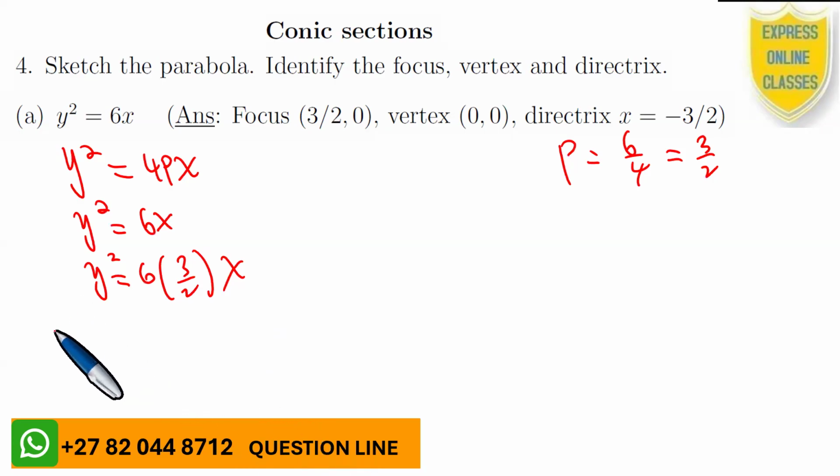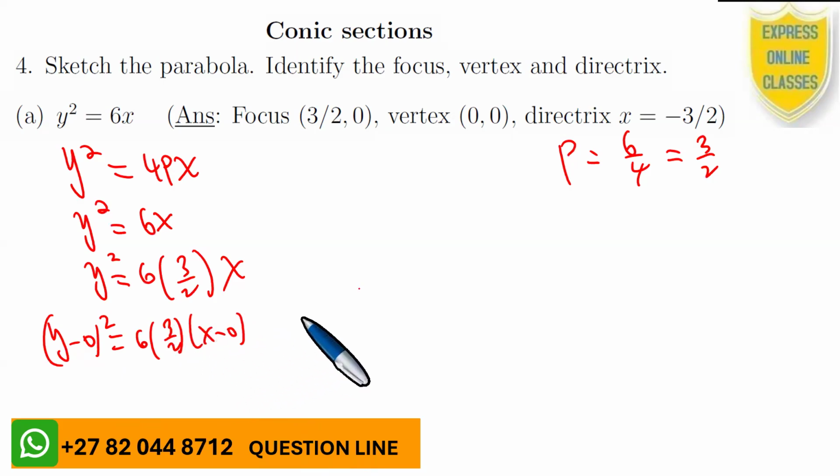So at this point, you can write this as (y minus 0) squared equals 6 times 3 over 2, and then (x minus 0).